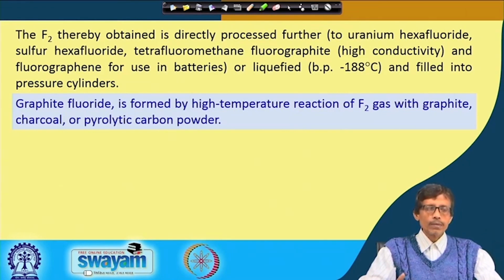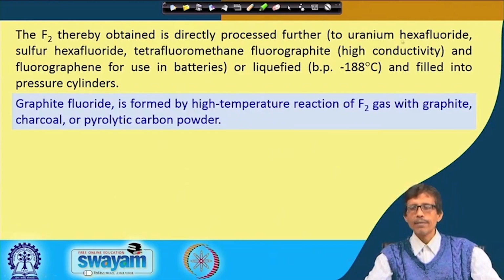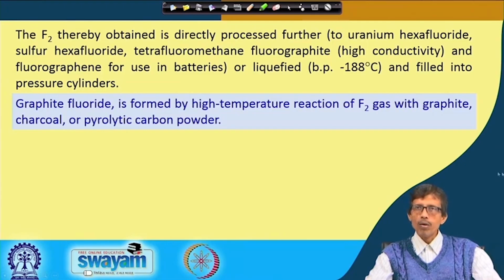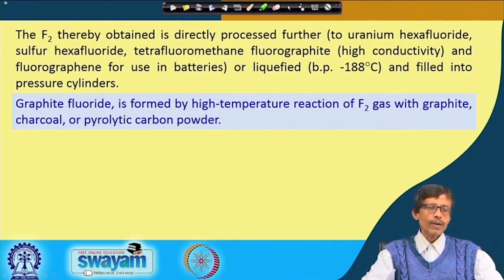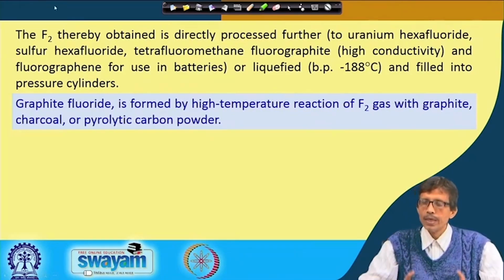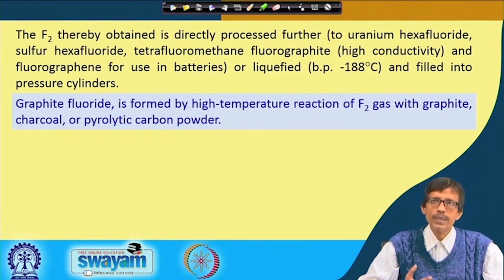But here we just try to have a graphite material and go for the fluorination. So, you use the fluorine gas either from the cylinder or by in situ production, that means immediate production, where you have the corresponding electrochemical cell and directly produce fluorine gas and pass it over. With graphite, charcoal, so basically a very raw material, you can have purified graphite or simply charcoal.